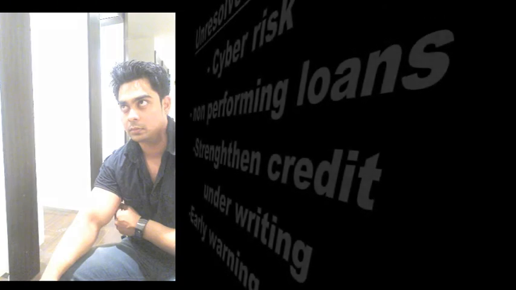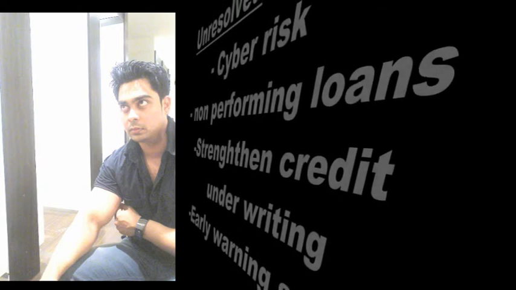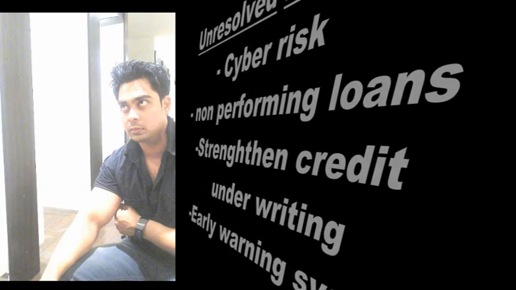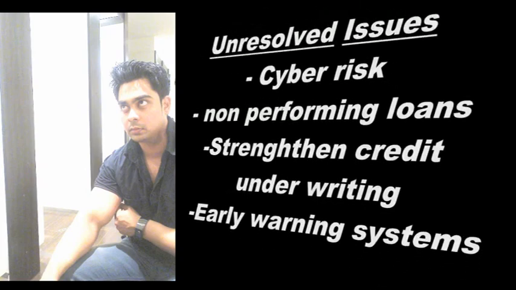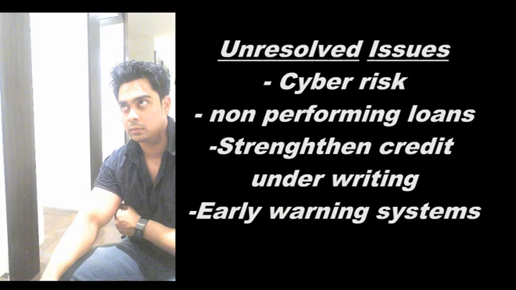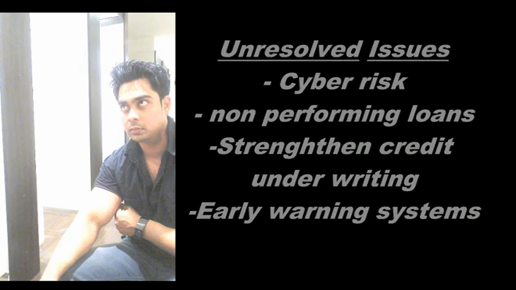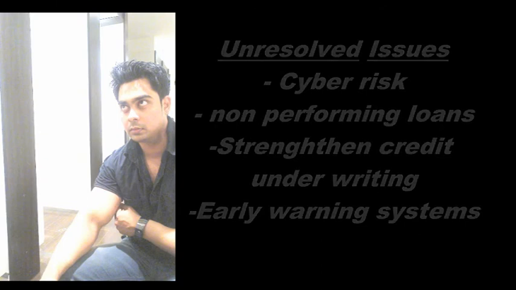I'll say this again, unresolved business from the previous year: addressing cyber risks, recovery of non-performing loans, strengthening credit underwriting and early warning systems. Here, the cyber risks involve the banking system.